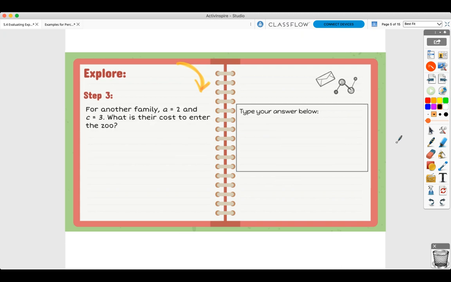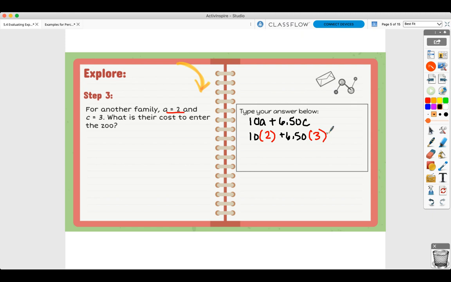Let's keep going. For another family, A equals 2 and C equals 3. So 10A plus 6.50C, that's our expression. So 10 times 2, that is our value for A, plus 6.50 times 3.